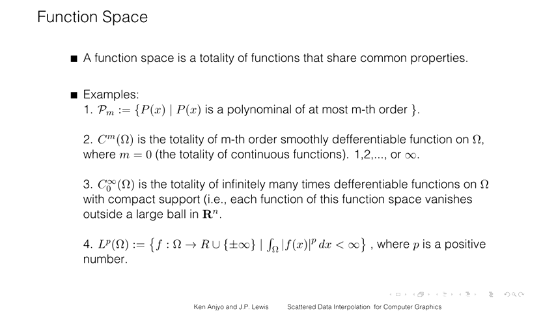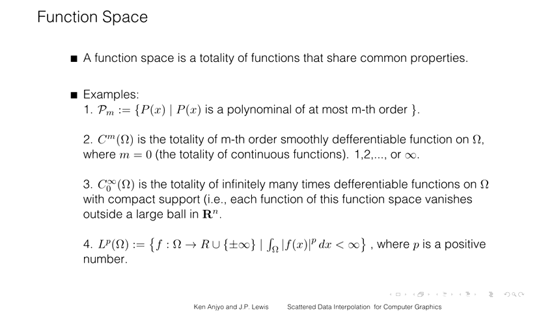The first one is the polynomial space P_m, where m means at most: any polynomial that belongs to this space should be a polynomial of at most m-th order. So the highest order is just m, not depending on the number of variables.